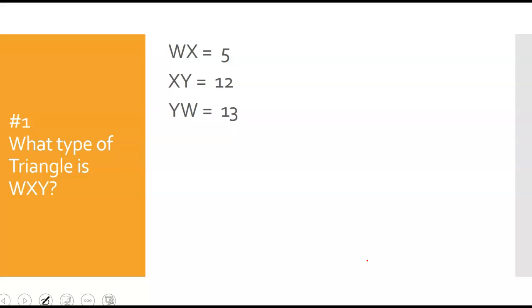So what does this mean for something like this? A couple of examples. The first example is this. We have a triangle with a W, an X, and a Y, and they say that WX is 5, XY is 12, and YW is 13.